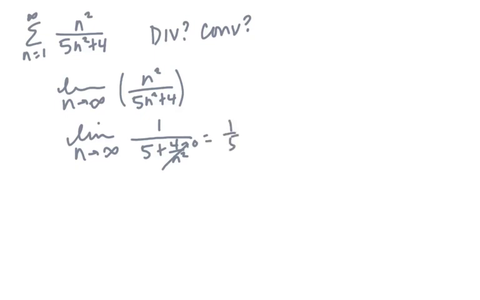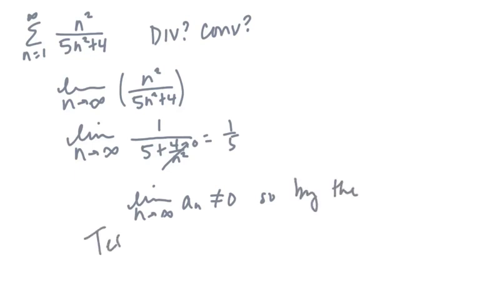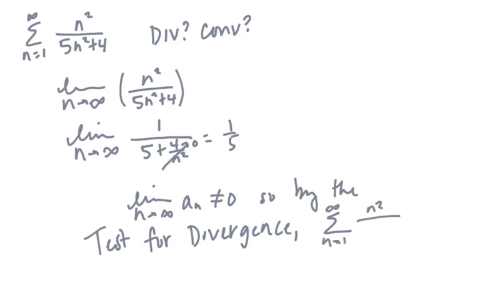So since it's a value, we can say the limit as n approaches infinity of a sub n does not equal 0. So by the test for divergence, the series from 1 to infinity of n squared over 5n squared plus 4 is divergent.